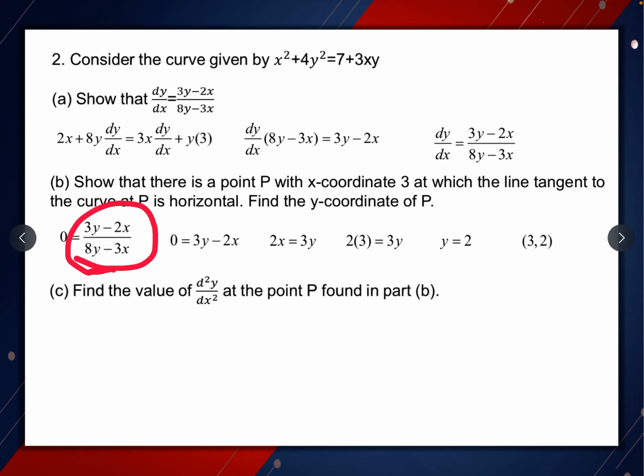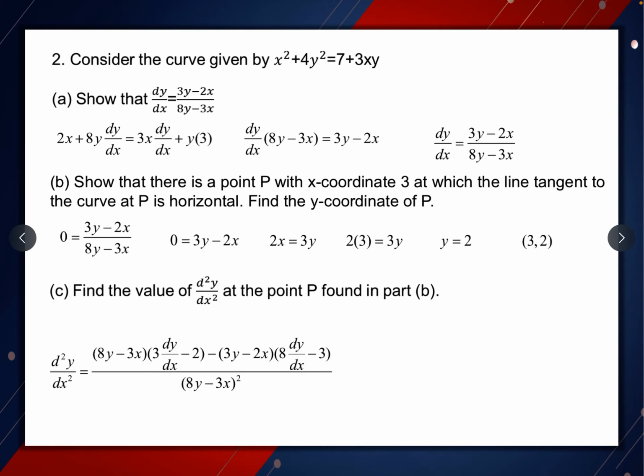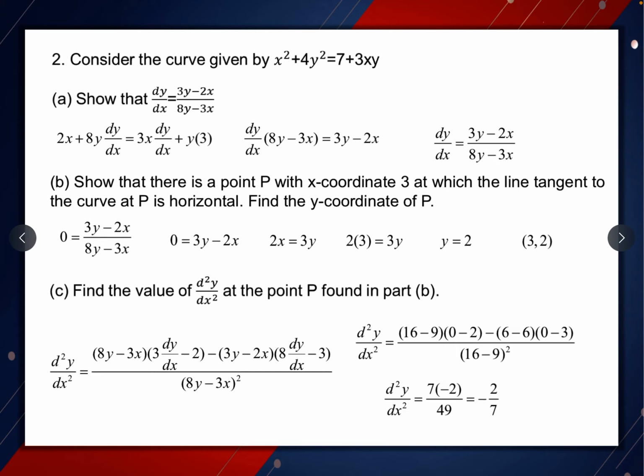C. Find the second derivative at the point P in part B. So we need to find the derivative of 3y minus 2x over 8y minus 3x. It is very easy when we use the chain rule or the quotient rule.